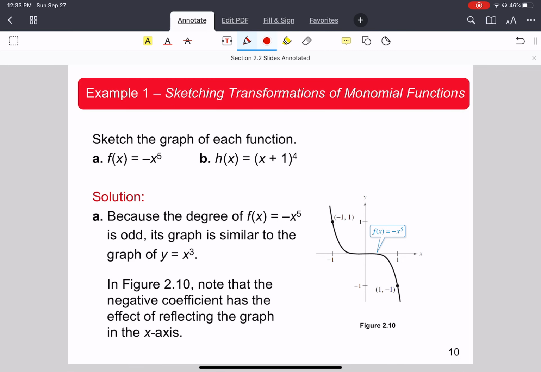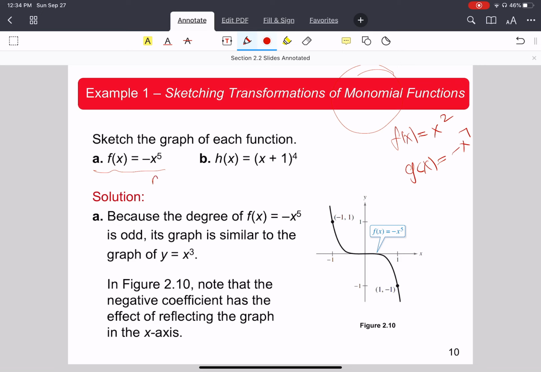Next, we're going to take a look at an example of how to sketch polynomials, monomial functions specifically. When we say monomial, these are the ones that only have terms like x squared or g of x equals negative x to the 7th. They're only going to have one x term. The one in part A is f of x equals negative x to the 5th.